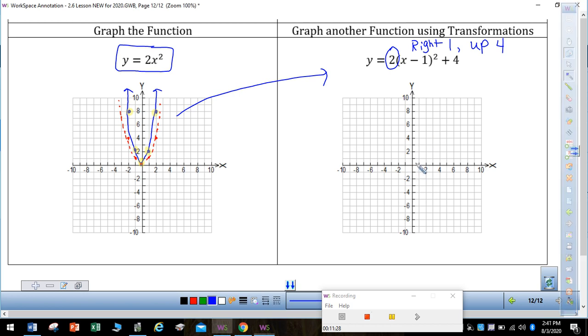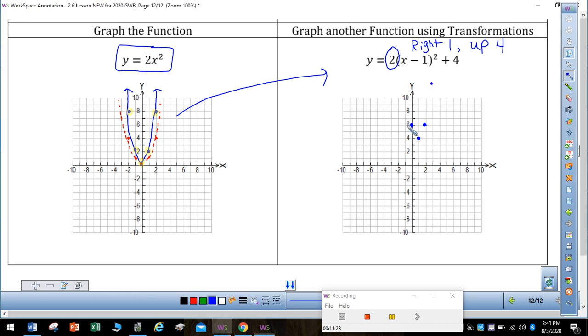So I'm going to start with the vertex, right 1, up 4, and then the points on the side will look like this. So we have the point 0, 6, and 2, 6, and we might not have enough space for the others, so the point 2, 8 becomes the point 2, 12, so that's actually going to be, no, actually it becomes the point 3, 12, because it's moved to the right 1 space and up 4.